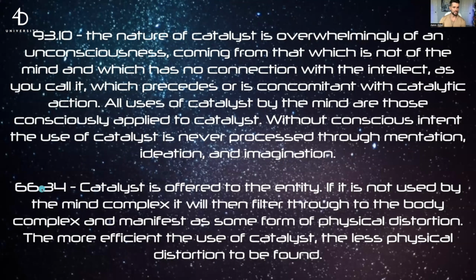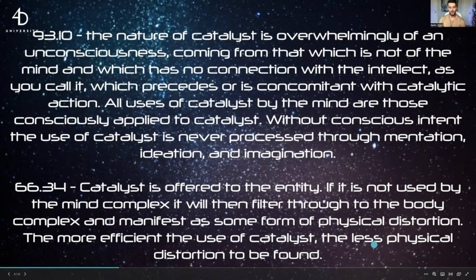And then in session 66, Ra says, Catalyst is offered to the entity. That's every moment. Even this moment, right, as we're in it together right now, is a catalyst. If it is not used by the mind complex, it will then filter through to the body complex and manifest as some form of physical distortion. The more efficient the use of catalyst, the less physical distortion to be found.